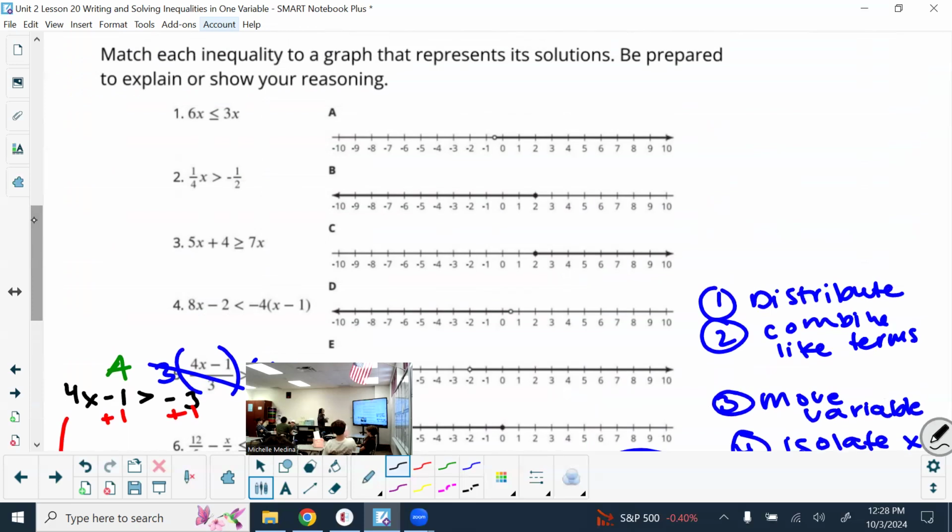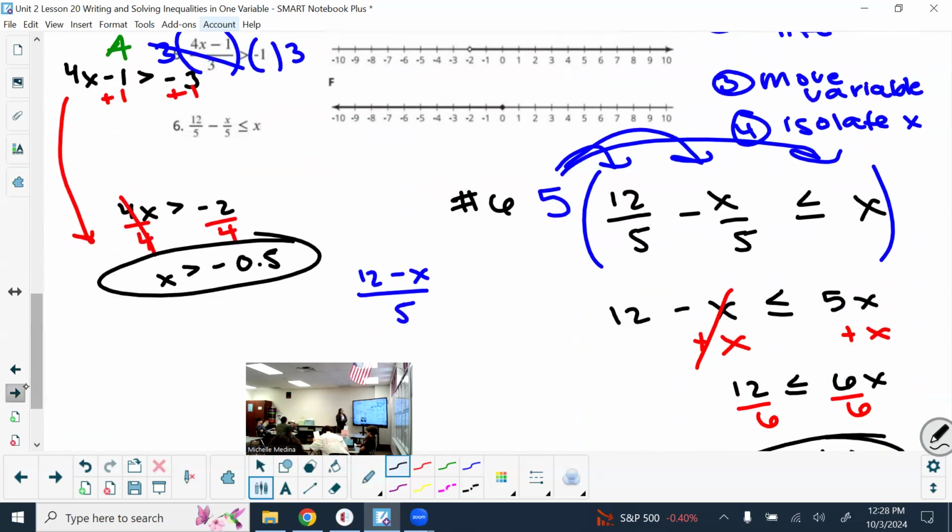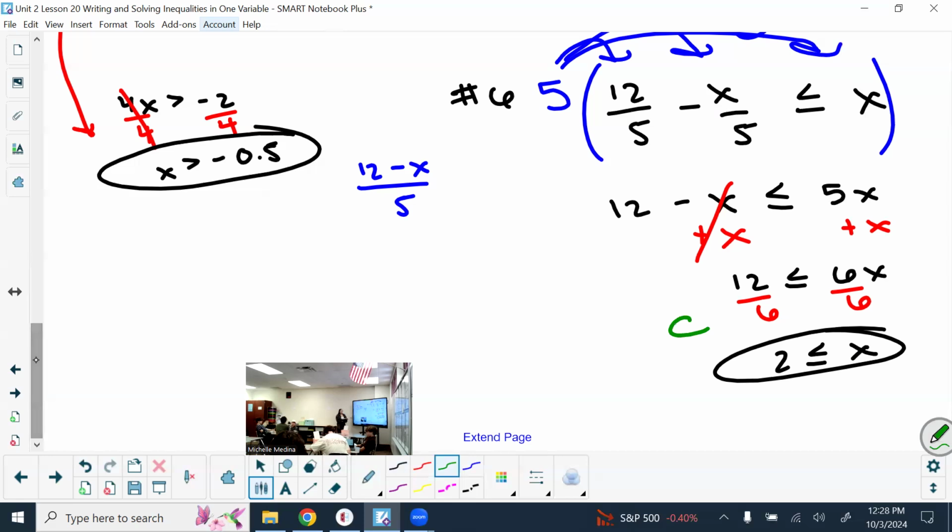Okay. Good practice, good exercise. So number 6 would be C, number lines. But the whole point was the math part of it. If you see a fraction, you can make it not a fraction by multiplying by the denominator.